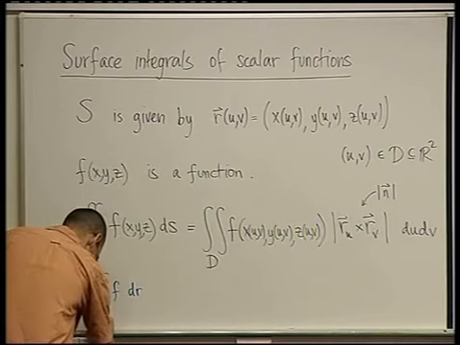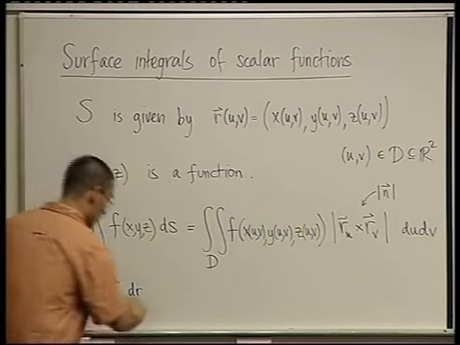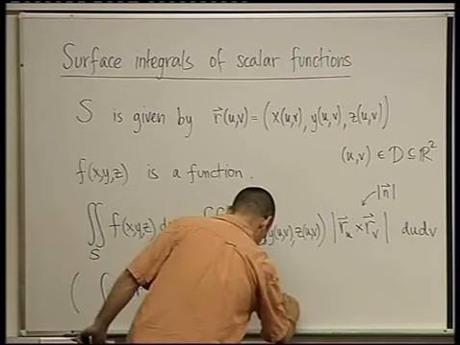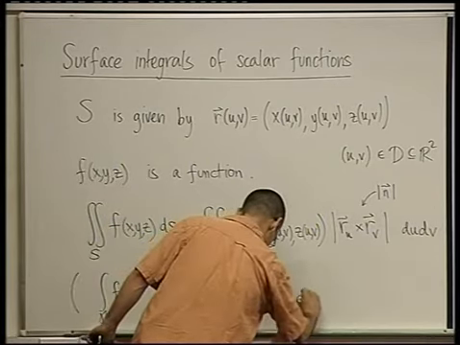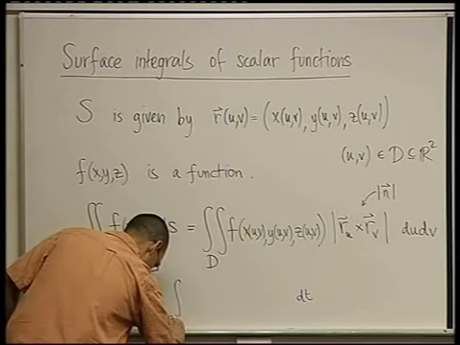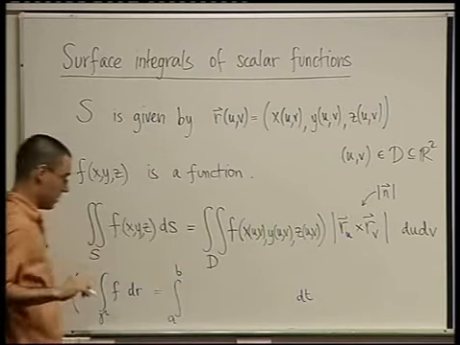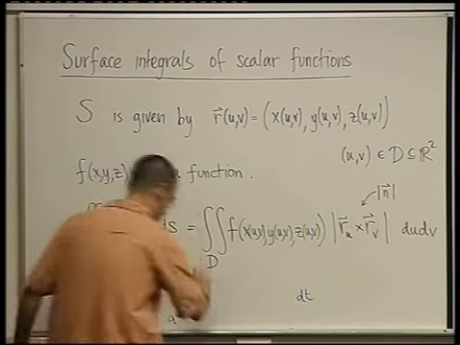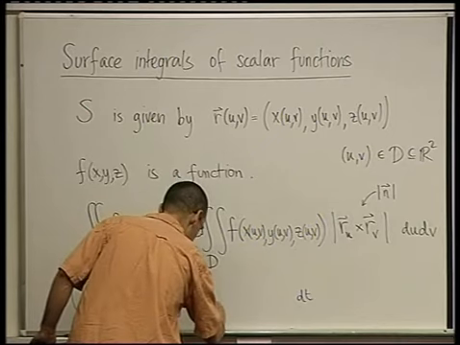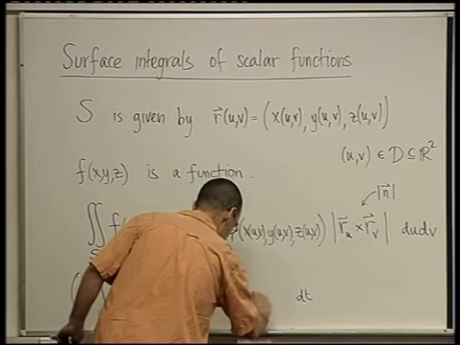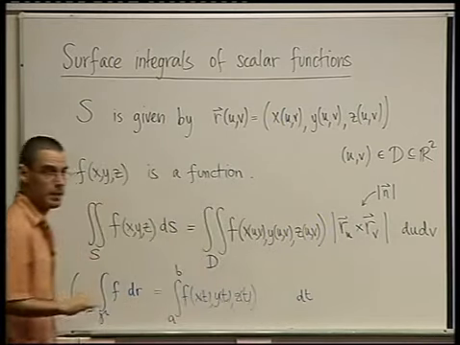Over some curve gamma, it was given by the integral dt, where t was the parameter, and it ranged over the domain of the parameter, which is some interval a, b, of f calculated on the curve, so f of x of t, y of t, z of t, and then what did we multiply by here?